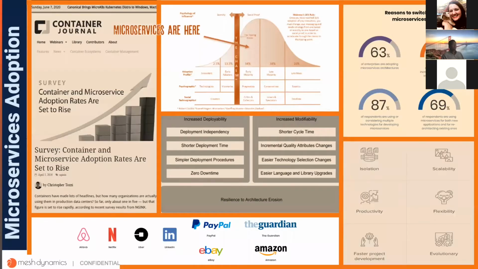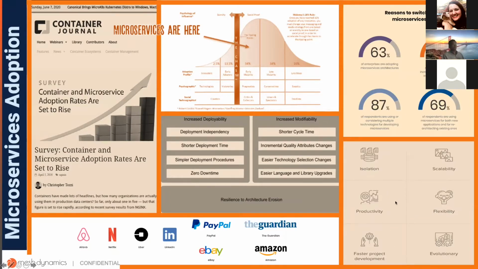So this is a slide that most of us from the development world understand. Microservices are here to stay. The adoption of these microservices has been increasing significantly for a variety of reasons. Not uncommon among them are scalability, ease of deployment, flexibility, and so on and so forth, plus the promised productivity and faster development.